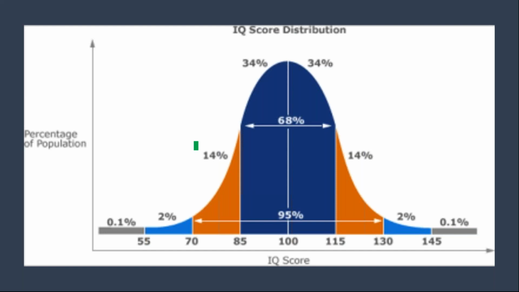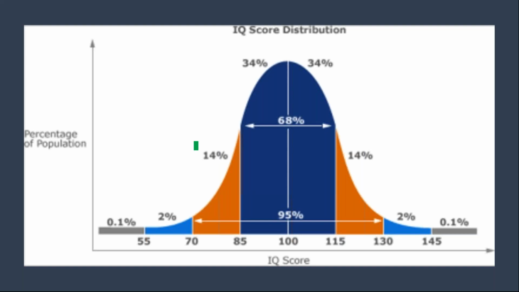When we think about an IQ score, we typically think about 100 as average, and we consider the average range to usually be around a score of 85 to 115. If you look at this picture here, you can see that about 68% of the population is going to have a score between 85 and 115. 95% of the population is going to have a score between 70 and 130.